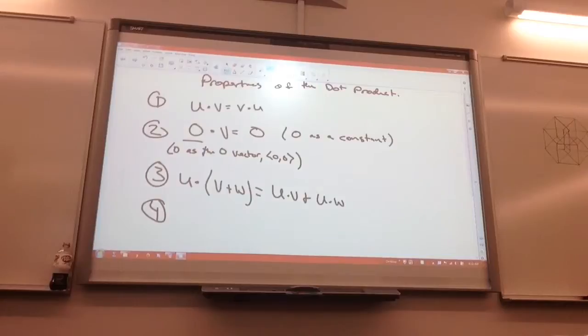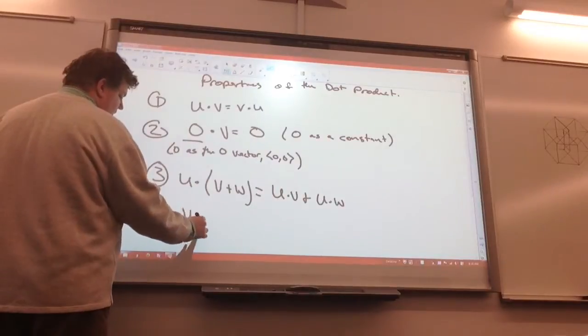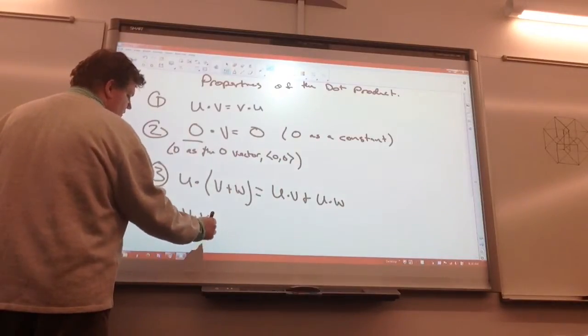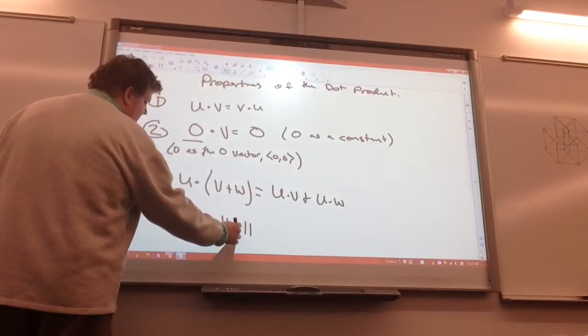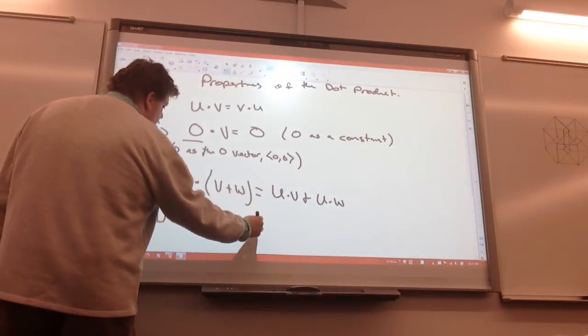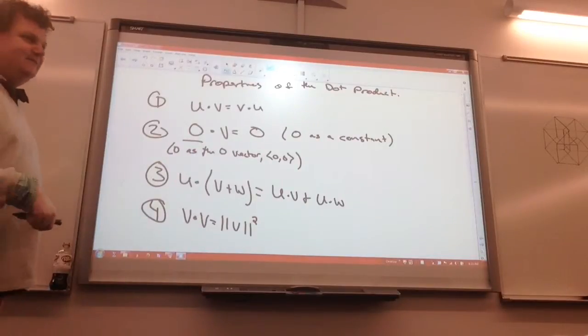All right. Next up, if you do a dot product of a vector with itself, what do you think you're going to get? The magnitude squared. Because they're essentially doing the Pythagorean theorem to it, v1 squared plus v2 squared, but you're not taking the square root of it.